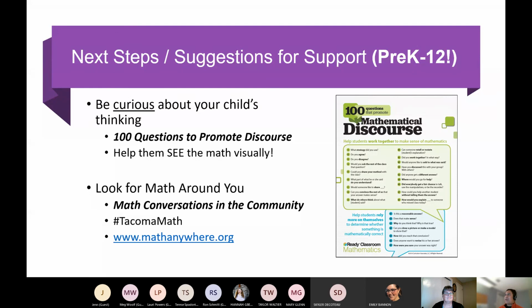And it's really about how do we find mathematics all around us, either at the store or at the park. How do we just bring the mathematics to life and make it visual and visible for our kids?